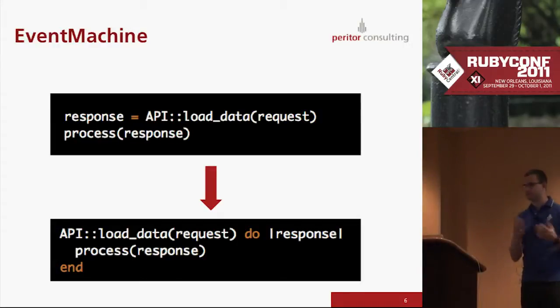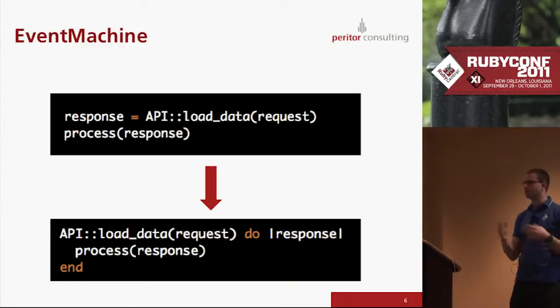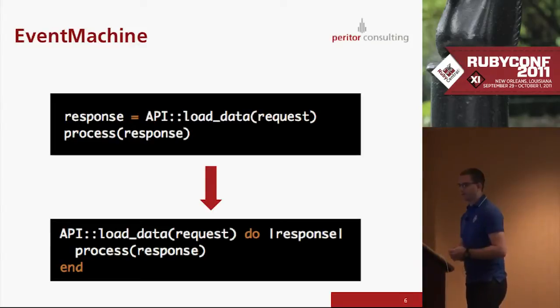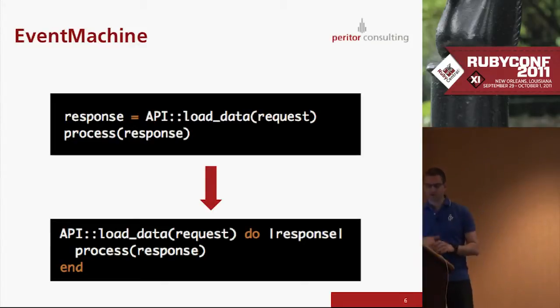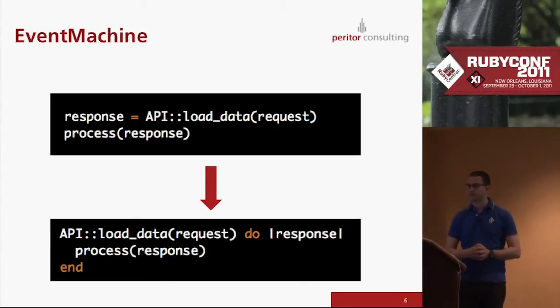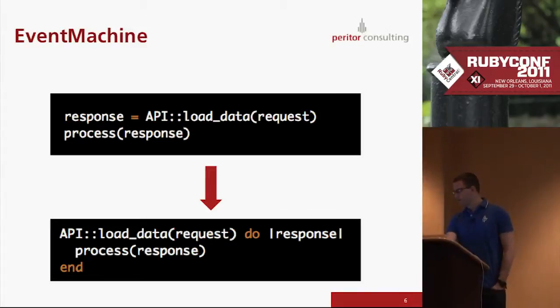This idea is pretty simple. People, especially in the Rails community, know it from programming JavaScript in the browser with DOM notifications and stuff like that. So it's nothing too unusual. But it's pretty easy to get confused once you have a very deep nesting of callbacks. But the simple idea is very simple.